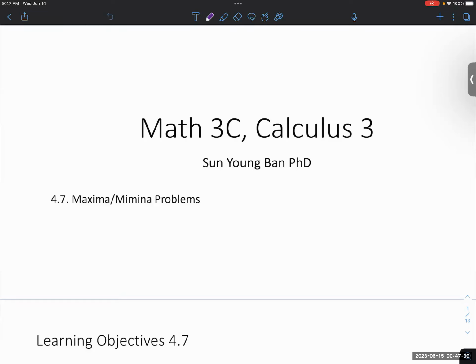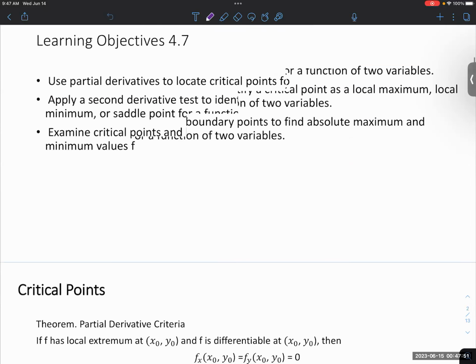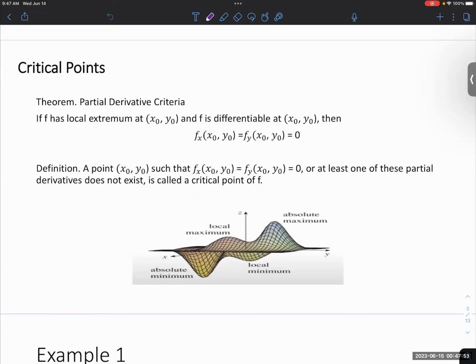This application is going to apply in Calculus 3 again. In this case, we're going to take a look at the functions of two or more variables and how to find the critical points using the derivative techniques.